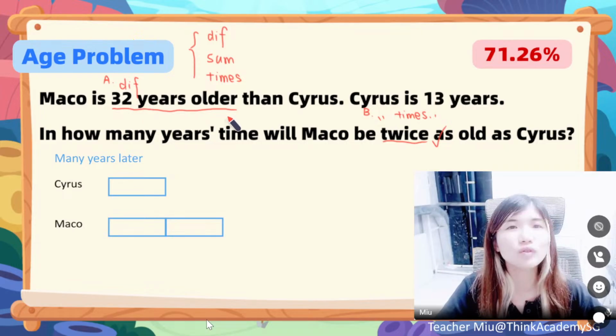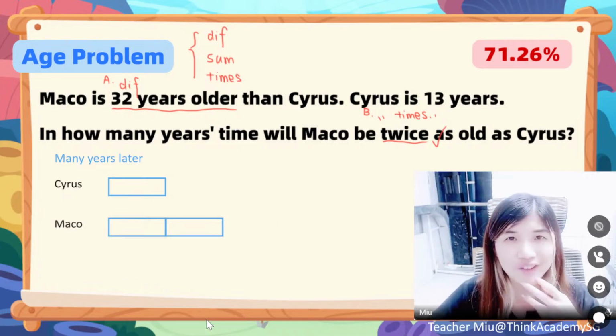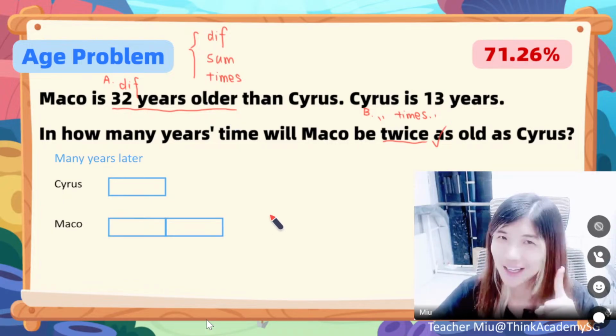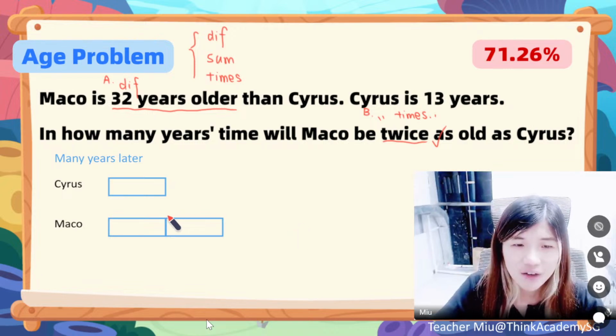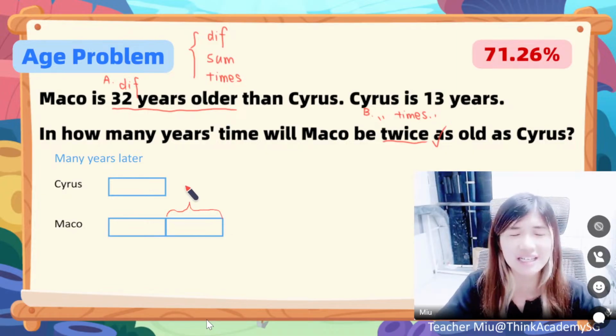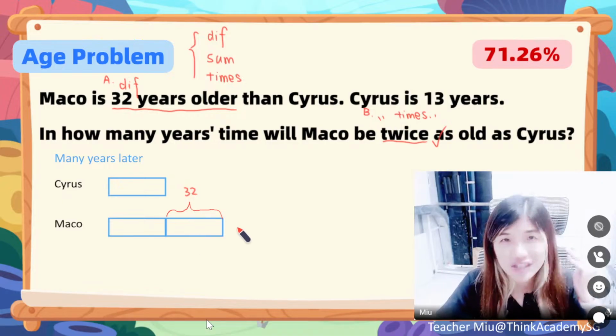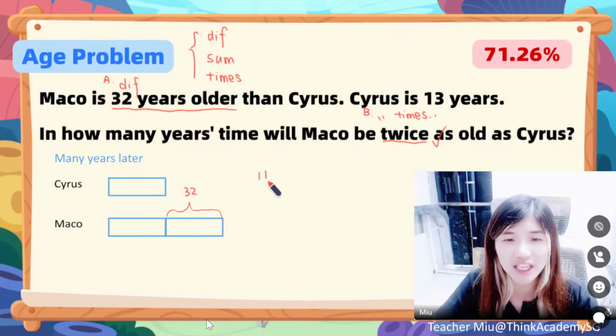So where should I label the 32? Well done, dear. Since the difference never changes, the difference between Cyrus and Marco many years later will still be 32. If so, then we can directly find that 1 unit equals 32.